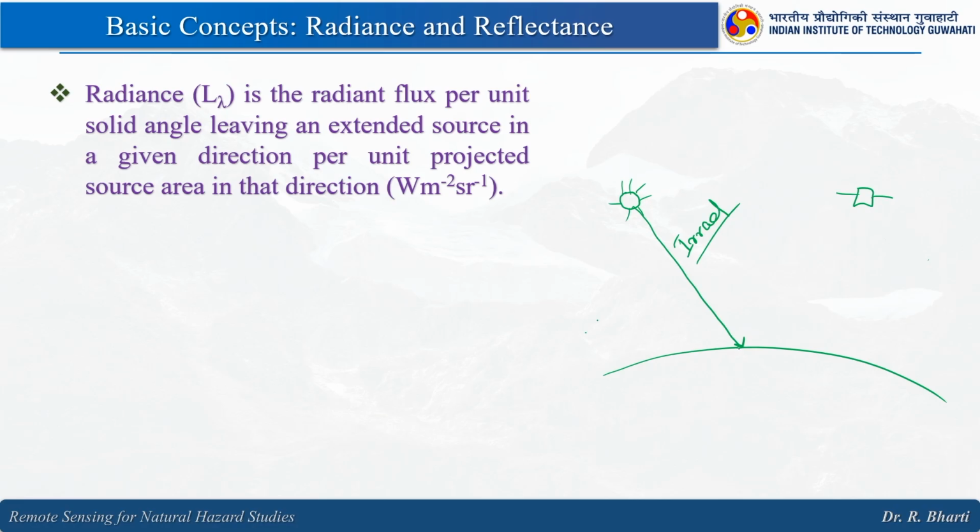The amount of energy which is getting reflected or emitted, which is reaching our sensor, this is called radiance, right. And then what we do is we use this ADC, analog to digital converter, to convert this radiance to a number.